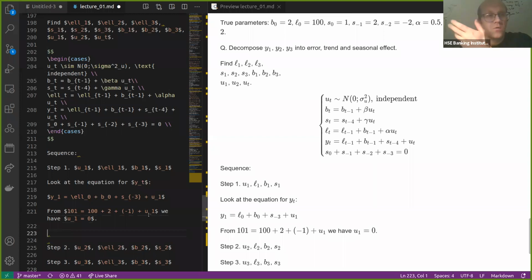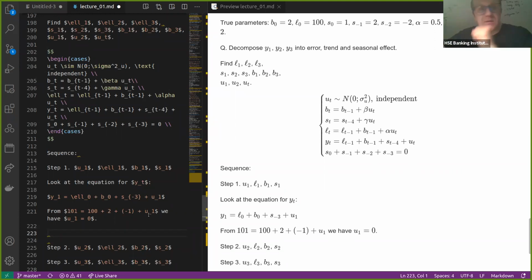Okay. Now, who can help me to find L1, B1, S1? How can we find L1, B1, S1? Just 1 minute to you. You can do it by yourself. Yeah, first find B1. Just look at the equation for B1. What is the equation for B1? It's B0 plus beta times U1.